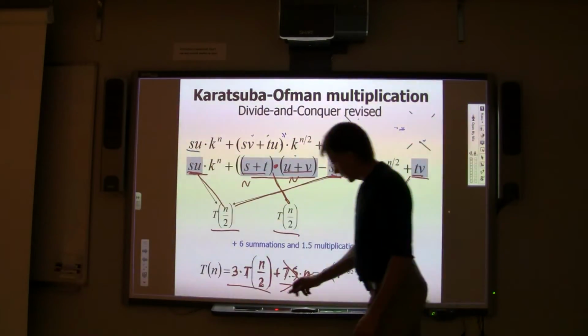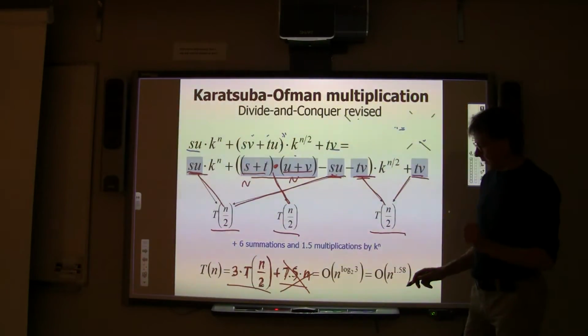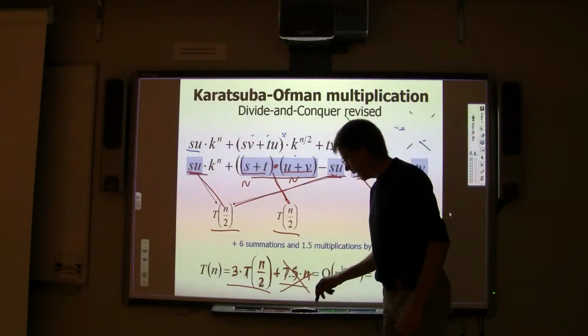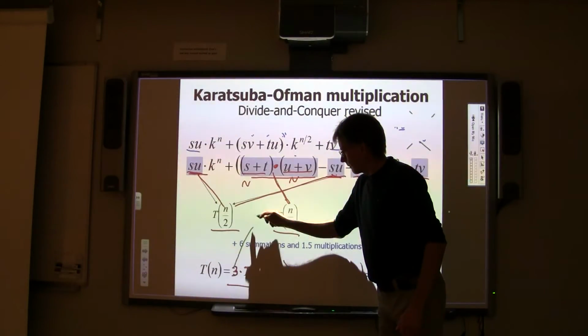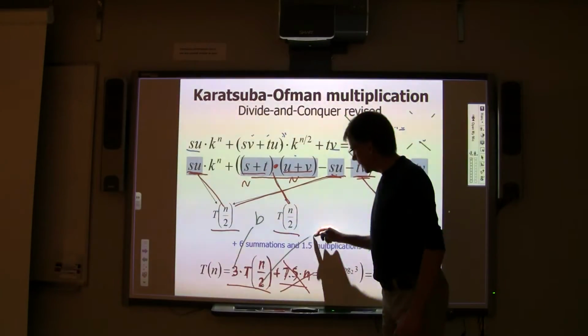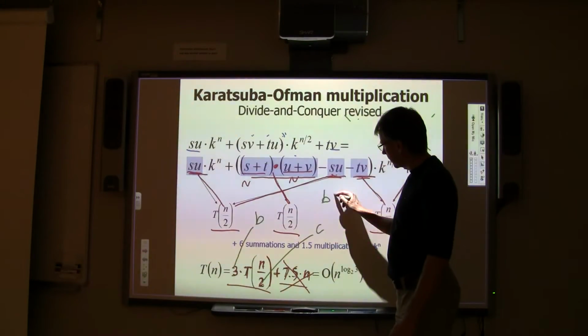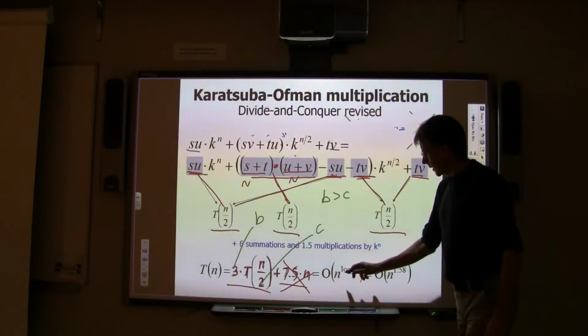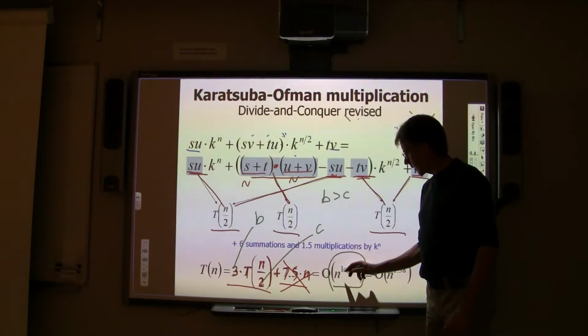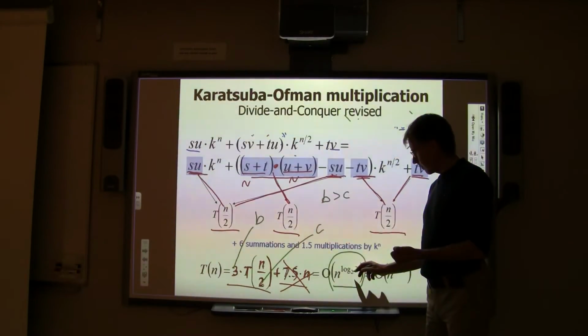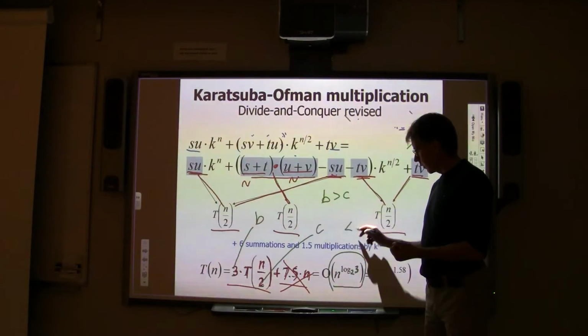So the result from here, again from Master theorem, we now have a equals to 3, b equals to 2, it's still that a is greater than b. Still same result, same equation, n power something, but now the exponent is the base 2 logarithm of 3, which is smaller than 2.